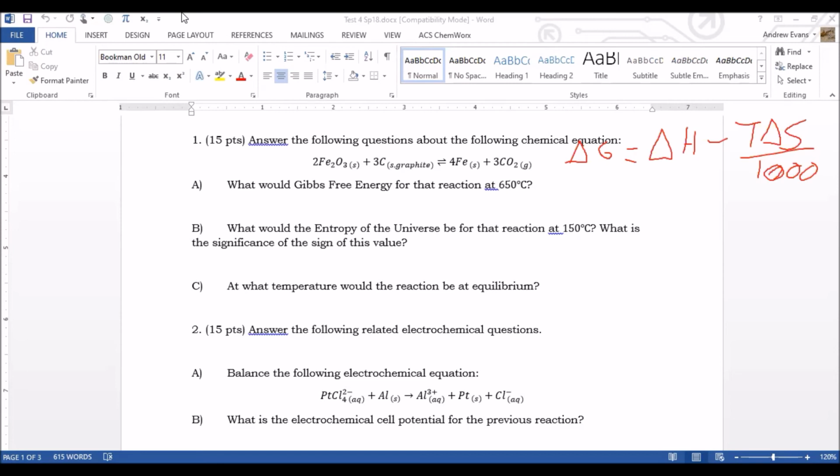So look at that, carbon, graphite, the delta H and delta S of carbon. The delta H is 0. The delta S of carbon graphite is 5.69. CO2, gas.